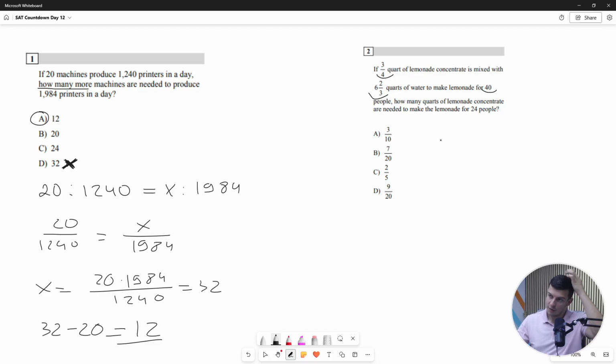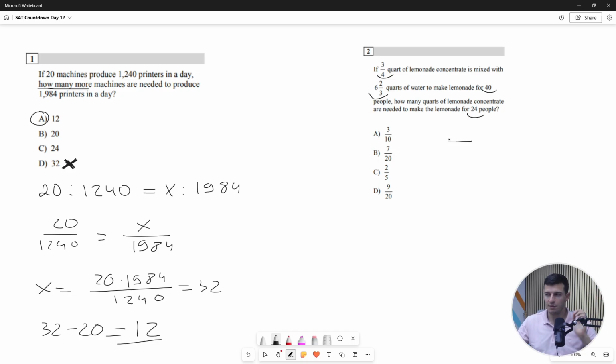Okay, so 3/4 is, now this one is a bit strange because there's a bit more numbers than we would like. So that water might throw us off a little bit, because usually with ratios, even in the previous question, you have 3 numbers, you're looking for the 4th one. But here we have 4 numbers actually with 24.